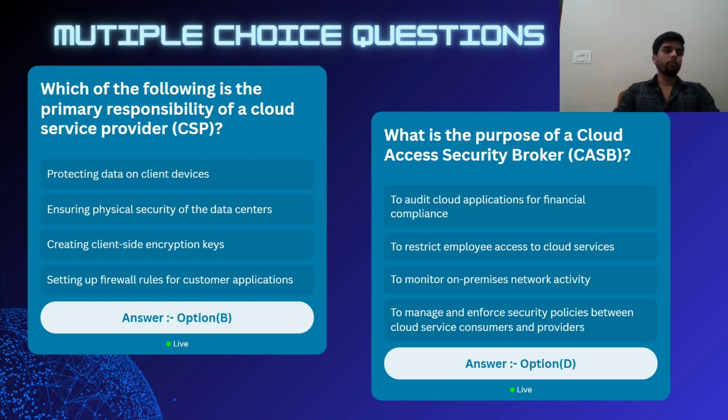By the name broker, we can understand the purpose. So to manage and enforce all the security policies between the cloud service consumer and provider. The broker is like the one in between, right? This is your cloud consumer, and this is the cloud provider. So the cloud broker is there to manage and enforce security policies.